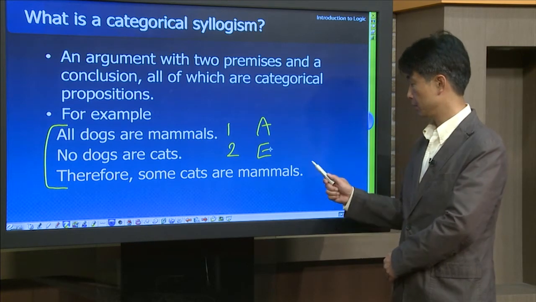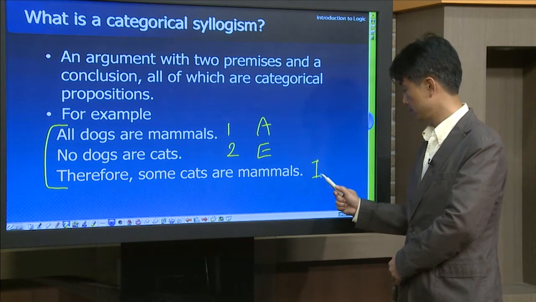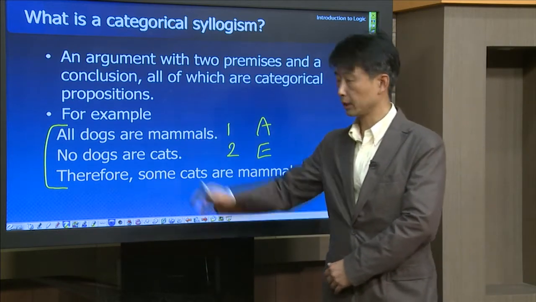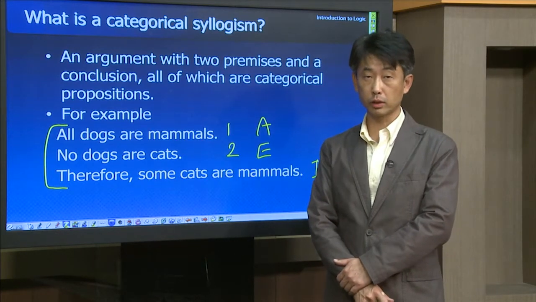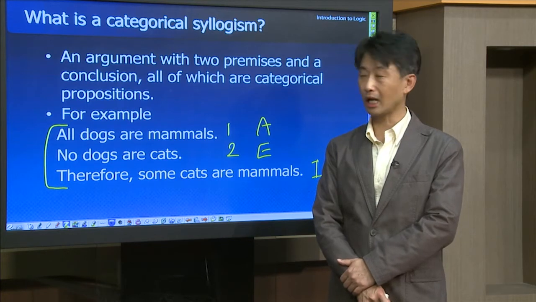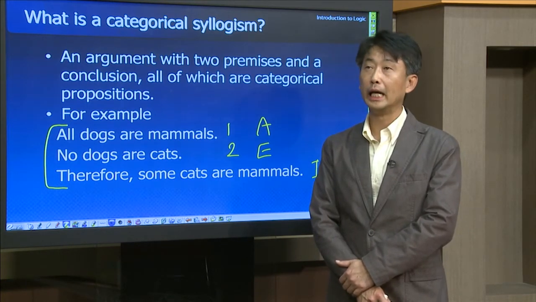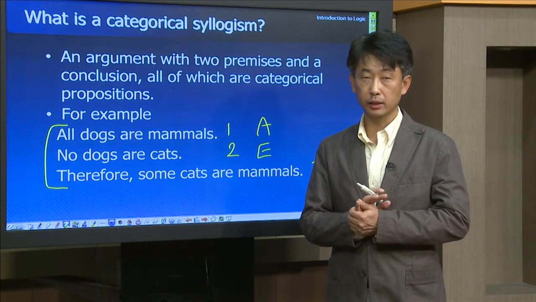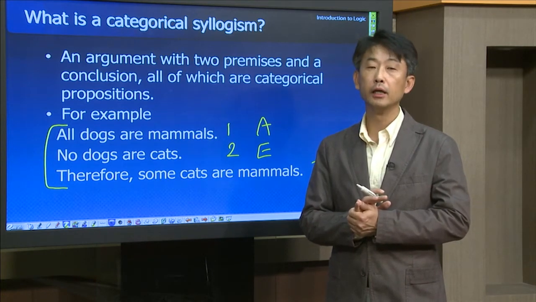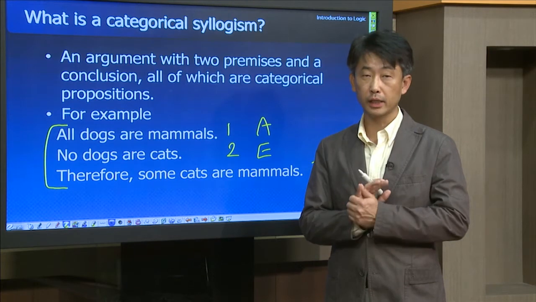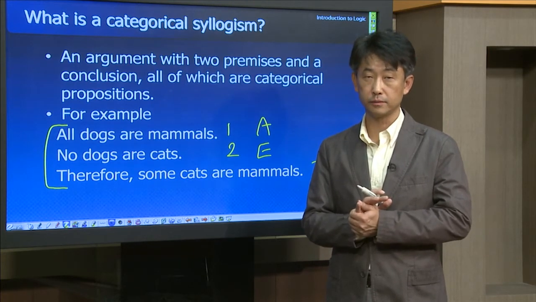It's type I. So categorical syllogisms are arguments like this. And in this chapter, we will learn a Venn diagram technique of determining the validity of categorical syllogisms in general.